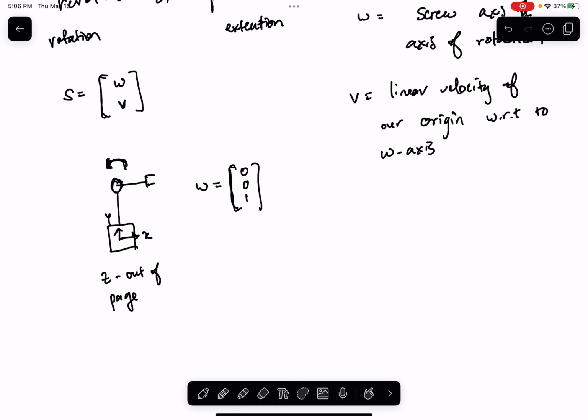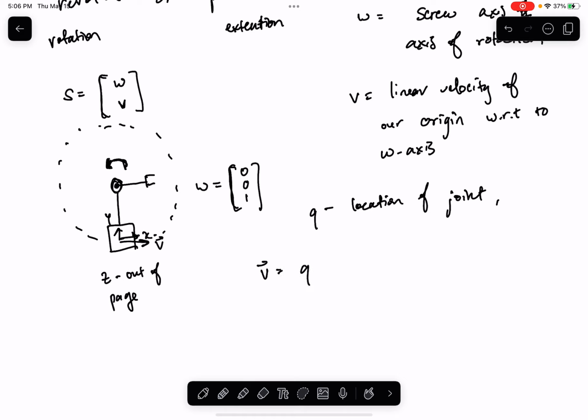And now, how do we calculate our v? Essentially, what v is trying to look for, if we draw a circle around our rotation or our joint, is the tangential velocity component of our origin. Now, how can we solve for this? If we have q, the location of our joint, this v just becomes q cross omega.